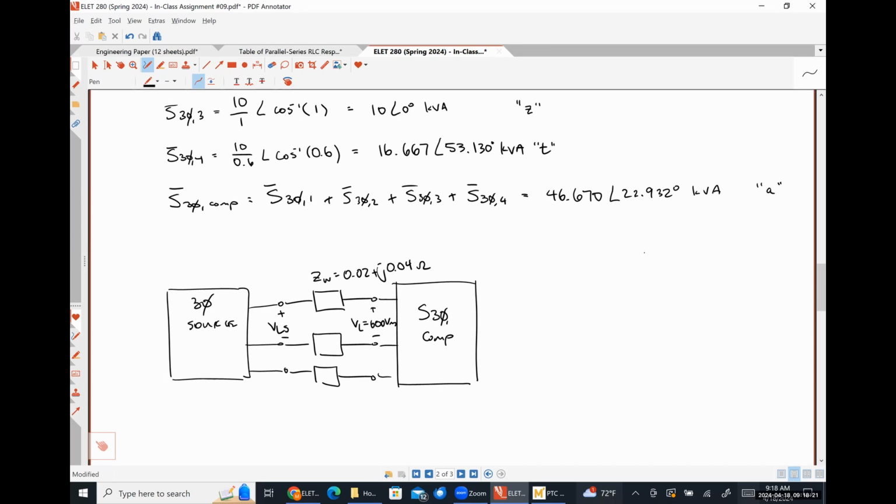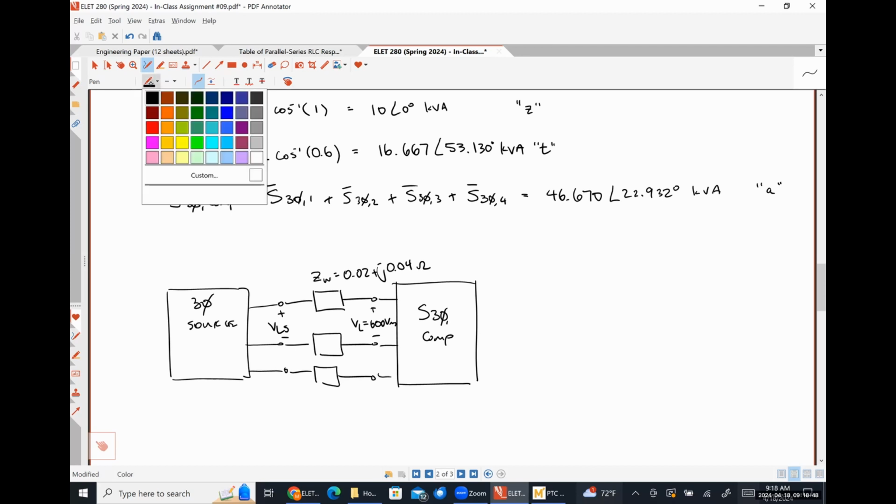Okay. So we have an impedance. We have the voltage drop across our load, and we have the complex power absorbed by our load. So I feel pretty strongly that we can figure out what the magnitude of the current flowing through those transmission line impedances is, right?